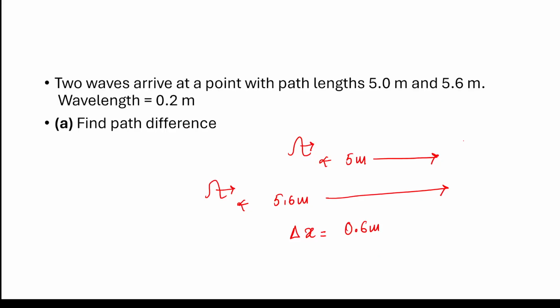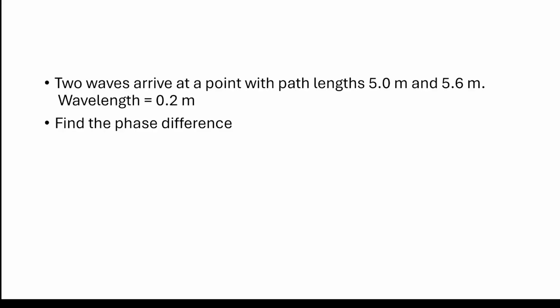Now we need to convert this in terms of the wavelength. Wavelength is 0.2. Both of them have the same wavelength. So my path difference is 3 times the wavelength. Okay, what is the phase difference? Same question.